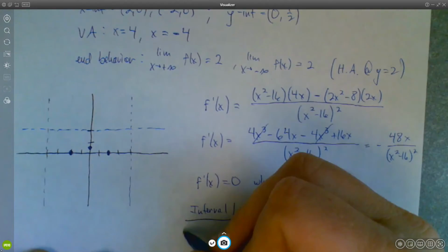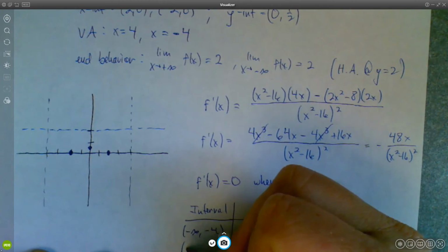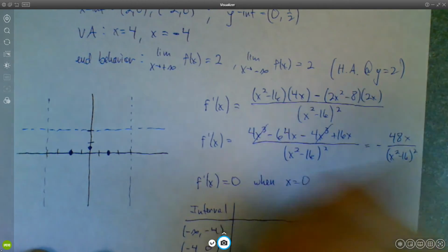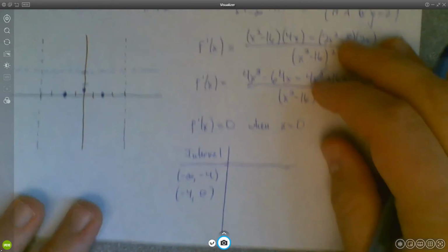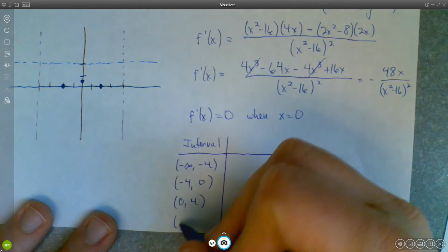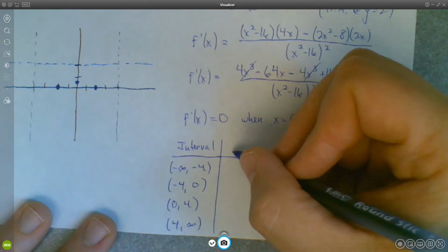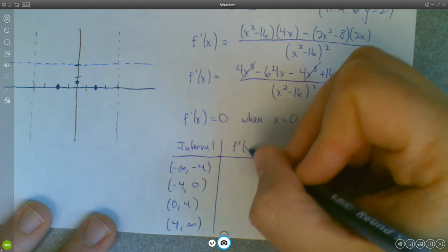I'm going to go from negative infinity to negative 4, and then from negative 4 to 0, because that's where I have a critical point, and then I'll go from 0 to 4, and then from 4 to positive infinity.